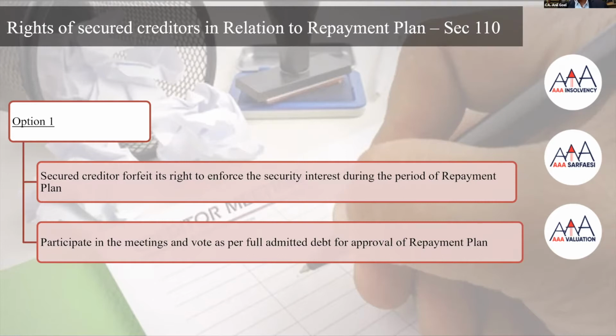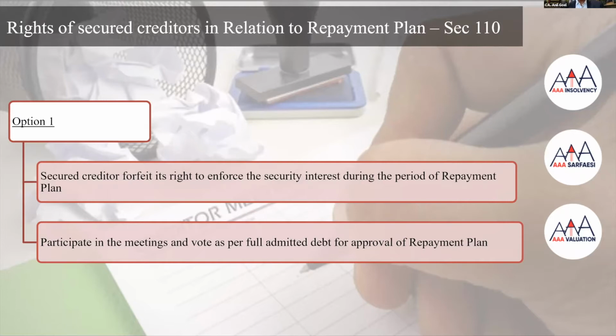Excluded assets, excluded debts, application by debtor, application by creditor, the statement of affairs, various reports of the RP, fee of the RP, practical difficulties in RP appointment, all that we have seen, and we actually had reached till our slide, which now we have.